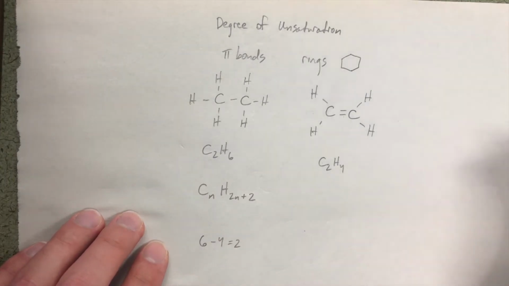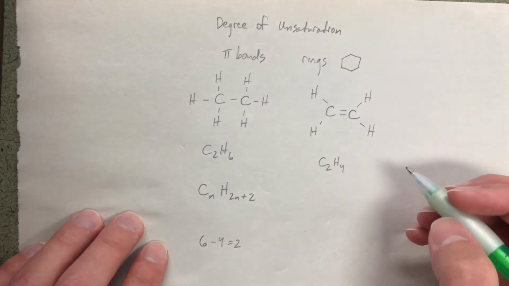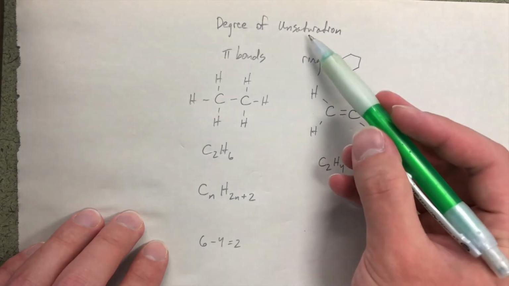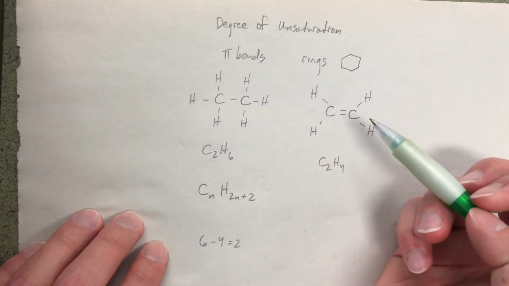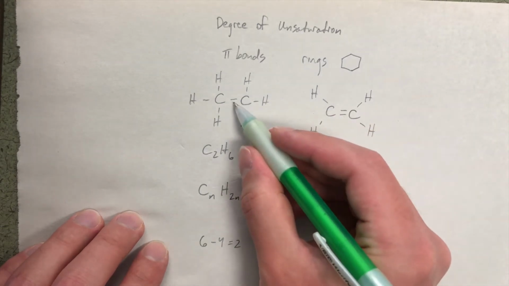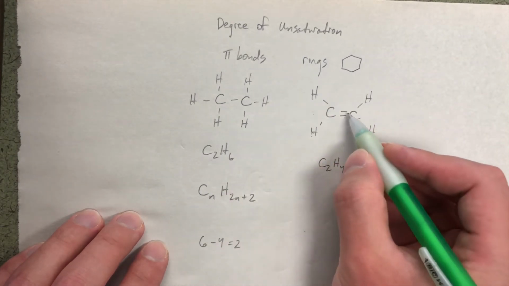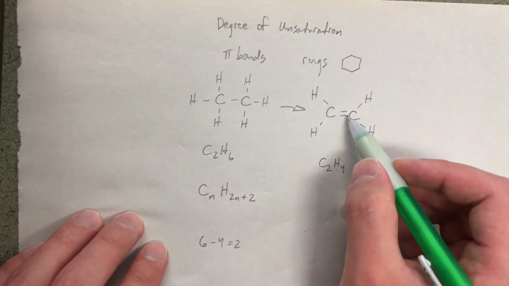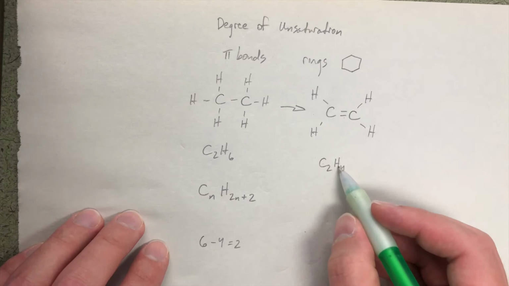And then the next step is we understand that for each degree of unsaturation, we lose 2 hydrogens. So if we see the transition from here to here, we've added a double bond, and we've clearly lost 2 hydrogens.